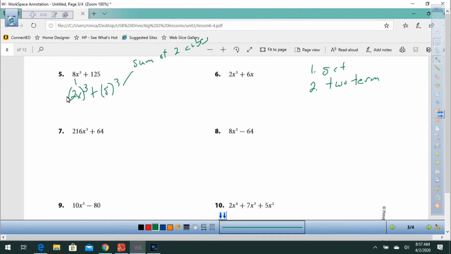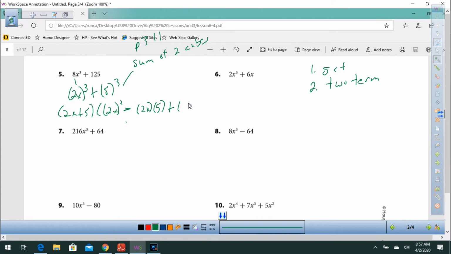So this is going to become 2x, and again, that's on page 311. 2x plus 5 times, and then it's going to be 2x squared minus a times b, that's going to be 2x times 5. I said plus, that's supposed to be minus. There's a plus here, there should be a minus there.